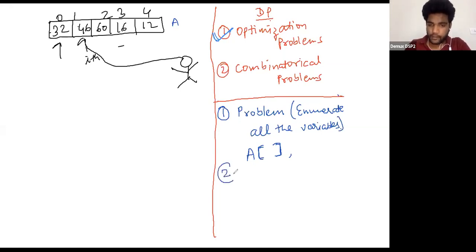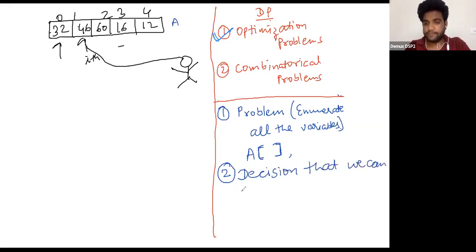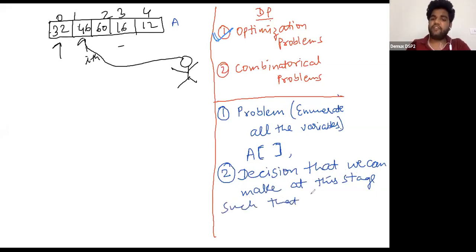But before that, once we keep this in mind, we will think about a decision that we can make at this stage such that we are left with a different problem or a smaller instance of this problem.